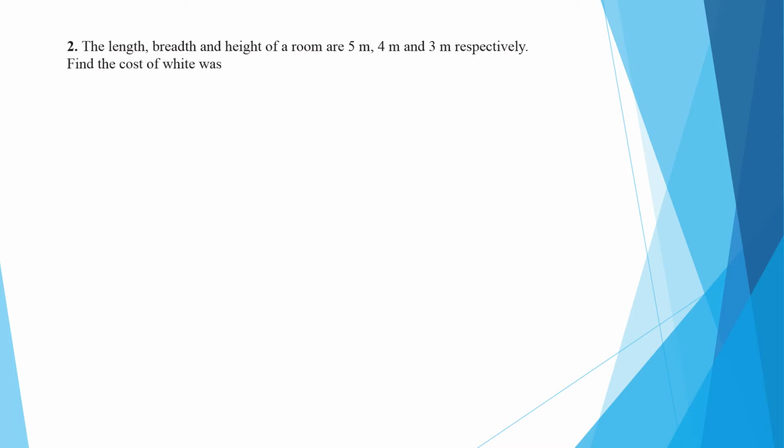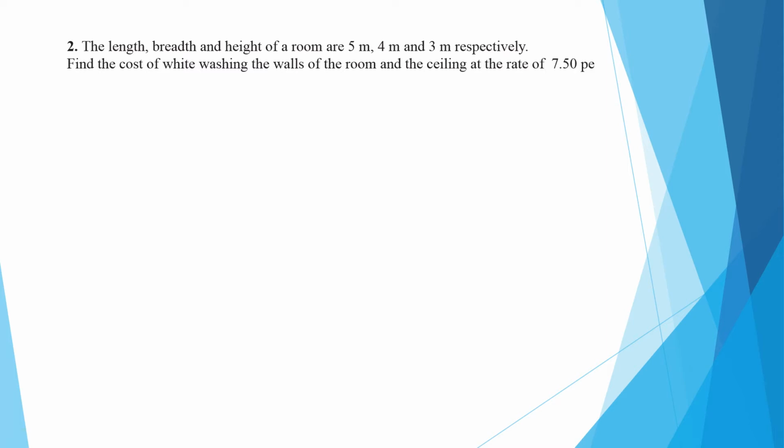Now next question, let's read this question. In this question it is said that the length, breadth and height of a room are 5 meter, 4 meter and 3 meter respectively. We need to find the cost of whitewashing the walls of the room, means all four walls, like the previous question that we did, and the ceiling one.